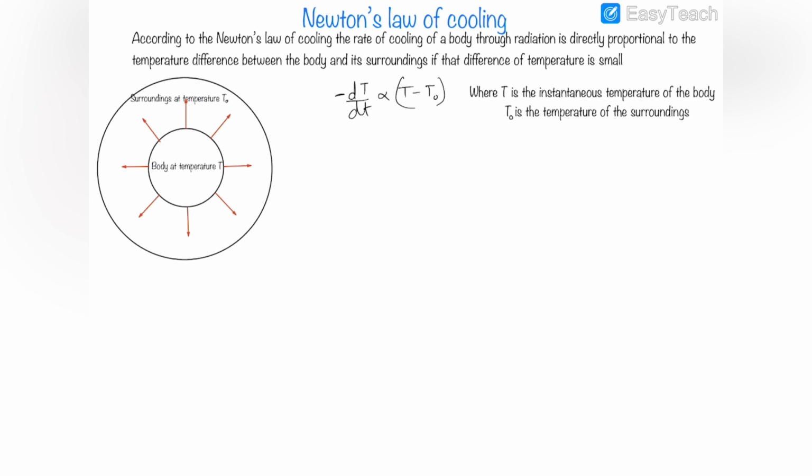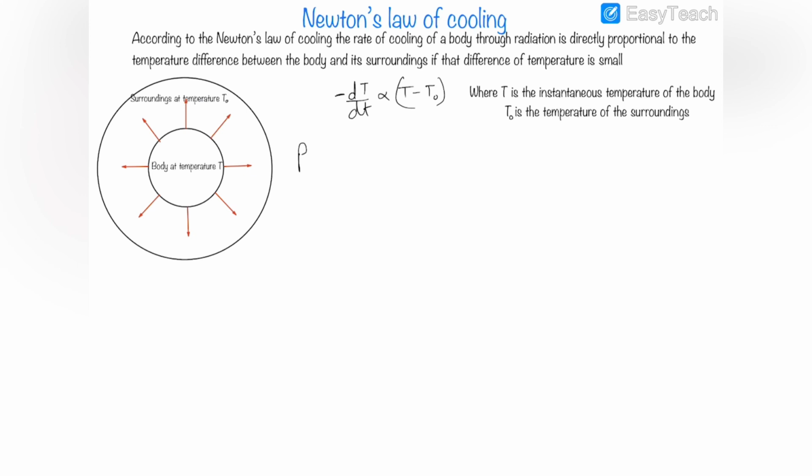So let us prove this law, and let us also conclude its final expression. First of all, let us suppose that there is a body at a temperature of T and its surrounding is at a temperature of T naught.